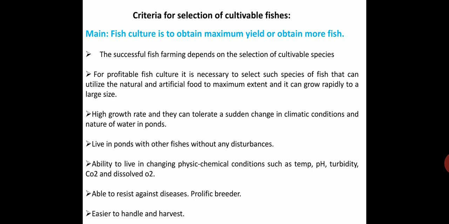They need the ability to live in changing physico-chemical conditions such as temperature, pH, turbidity, carbon dioxide and dissolved oxygen, and should be able to resist diseases. They should be prolific breeders and easier to handle and harvest. These are some of the criteria in selection of cultivable fishes, whether saltwater fishes, native or exotic species.